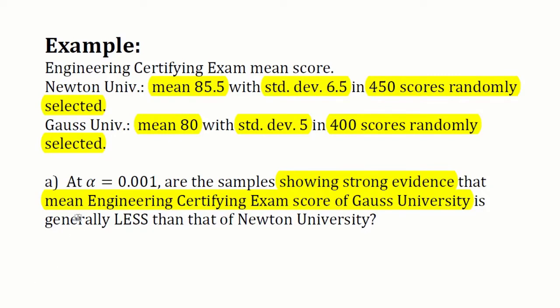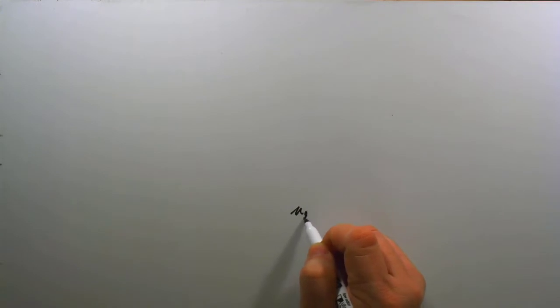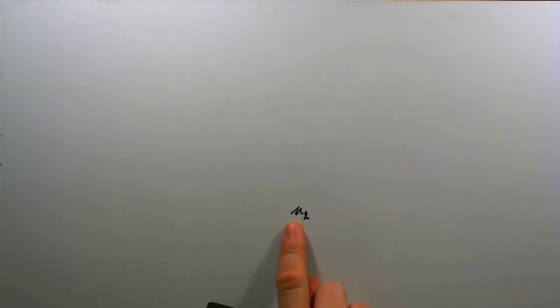According to the wording, the mean engineering certifying exam score of Gauss University, as we're seeing again on the computer screen, that is, right from the wording of the problem, mu 2, because based on our definition with the numerical labeling, mu 2 is our population mean from population 2.